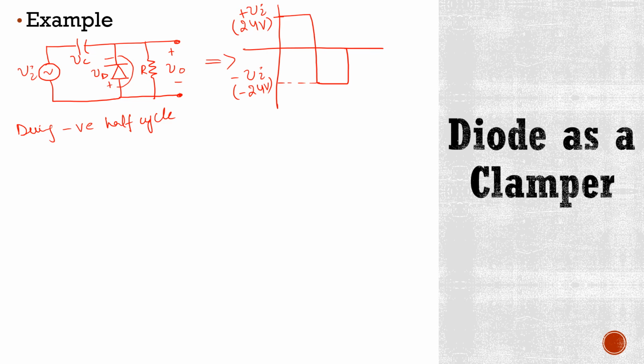It means during this part of the input signal, this diode will be forward biased. So now the circuit will look like this.